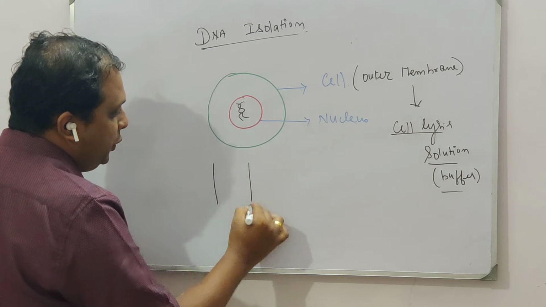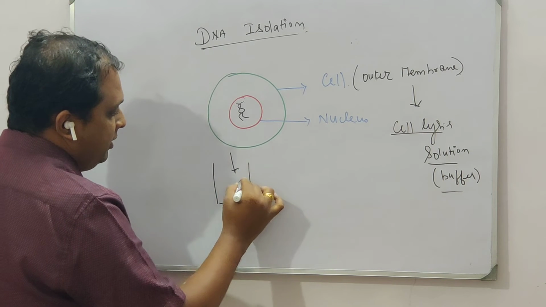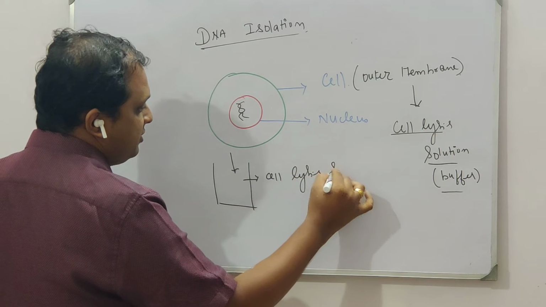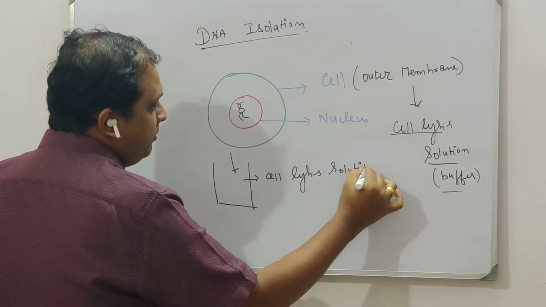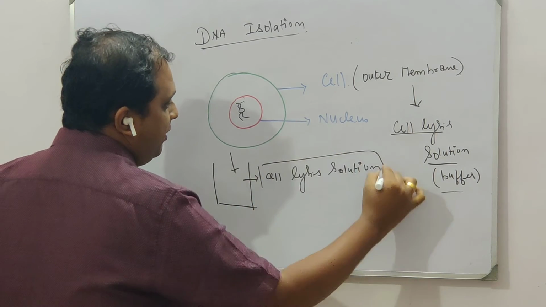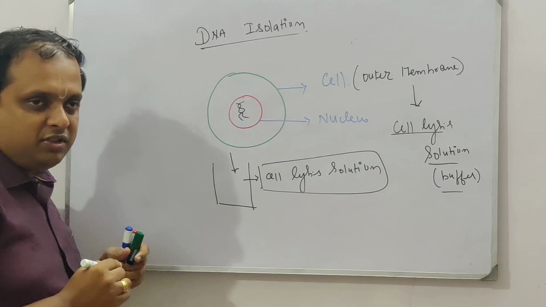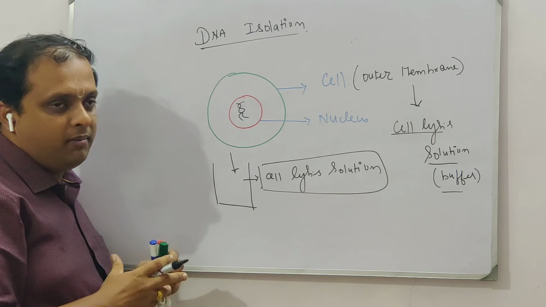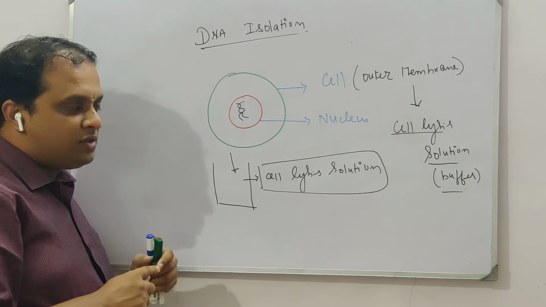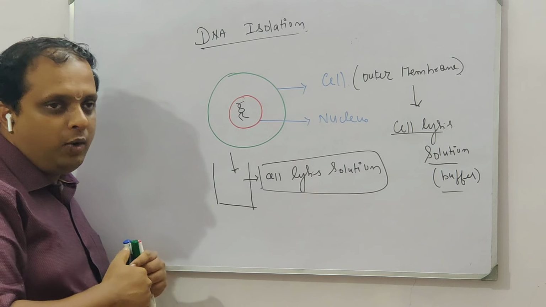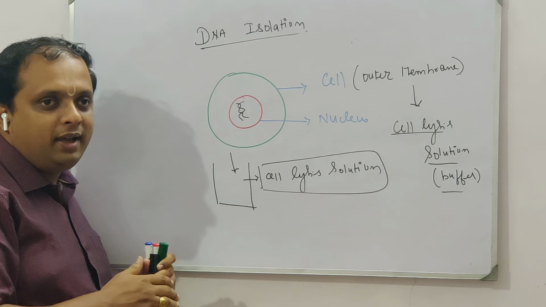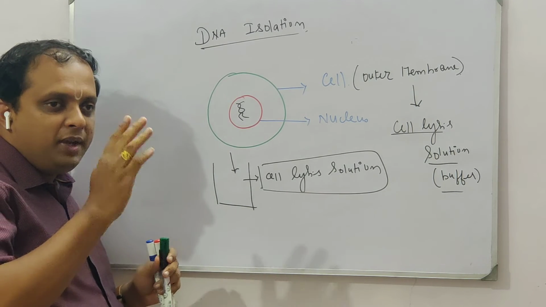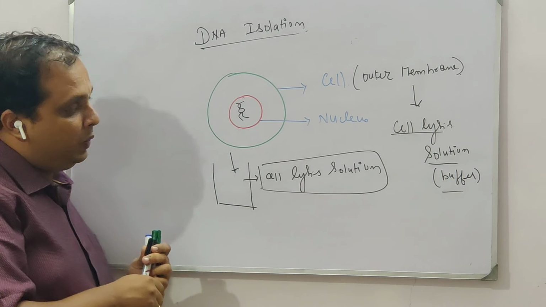You have a tube, you put your cells and add cell lysis solution. I have given enough discussion about what cell lysis solution is. Sometimes we even call it a buffer, because the role of this solution is to maintain the pH. I hope your chemistry would have taught you what literally a buffer is. A buffer is something which will try to maintain the pH within a particular range.